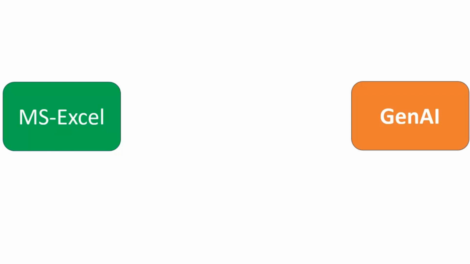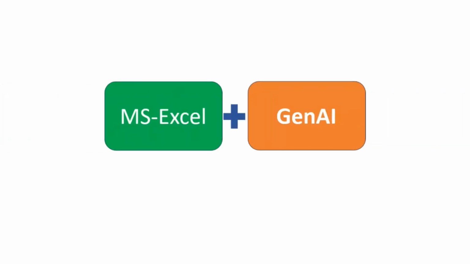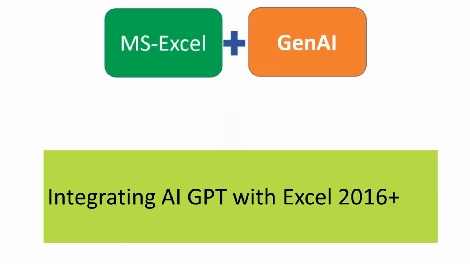Microsoft tools such as Excel are the most used tools for data analysis in any area or department. In this session, we will discuss how to integrate AI and use the ChatGPT model in older versions of Excel, such as Excel 2016 and onwards.